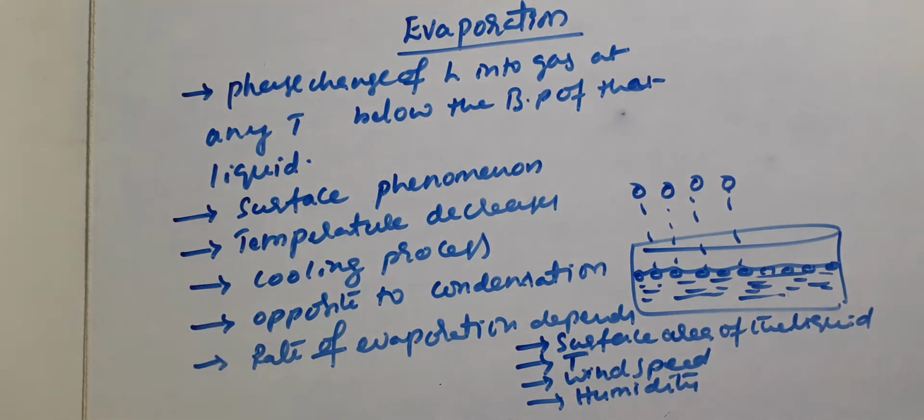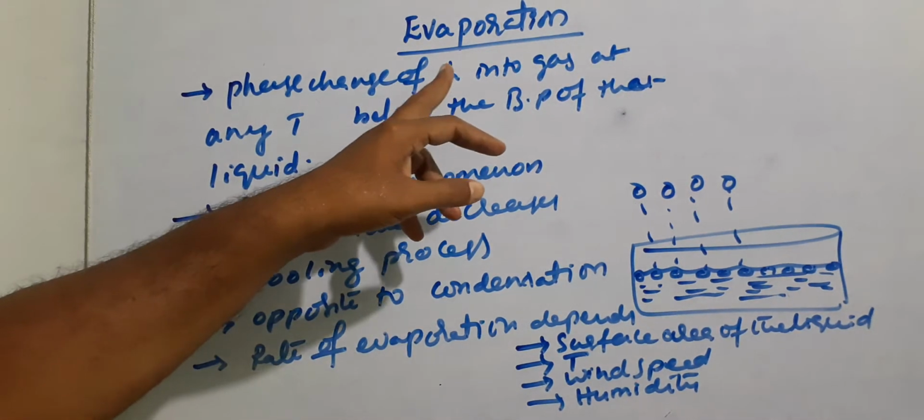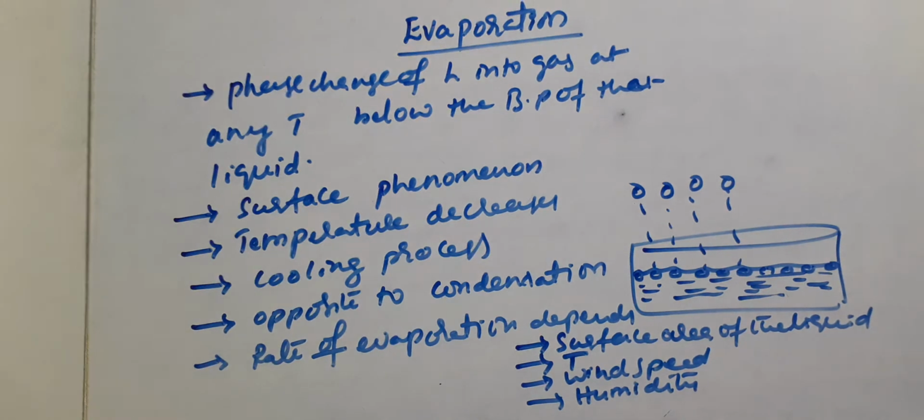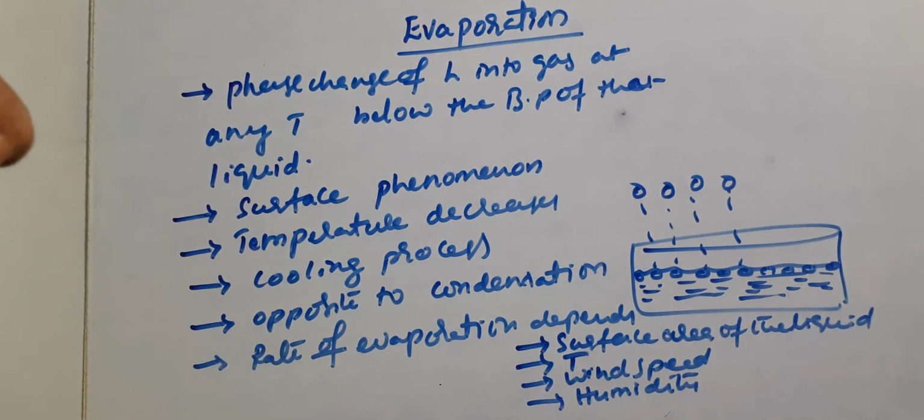That is why it is a cooling process. So it is opposite to condensation. In the case of condensation, you can see the conversion of gas into liquid, but evaporation is related to conversion of liquid into gas. So rate of evaporation depends on surface area of the liquid and also temperature and also wind speed and also humidity. So this is a little information about evaporation, students.